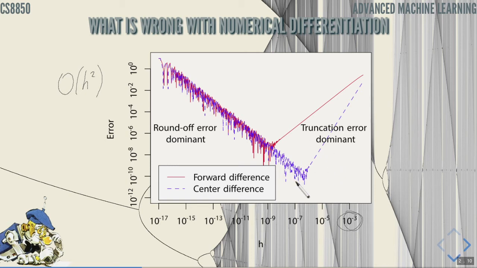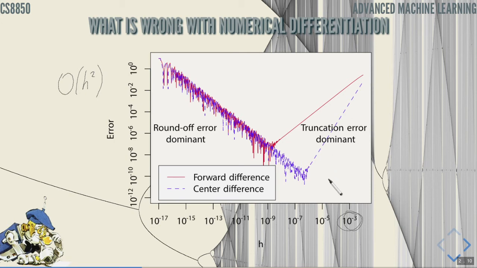And here, this plot is from the survey on automatic differentiation by Baydin and others, which I'm heavily borrowing from in this lecture. It shows central difference and forward difference, two types of numerical approximation of the derivative.